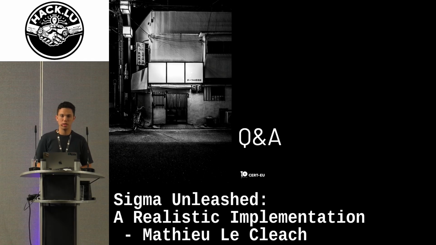You can use correlation with Sigma to correlate network-based environment with endpoint environment. That's what we are trying to do with Droid to handle properly the correlation process. And you will find more about it on the blog on Sigma HQ.